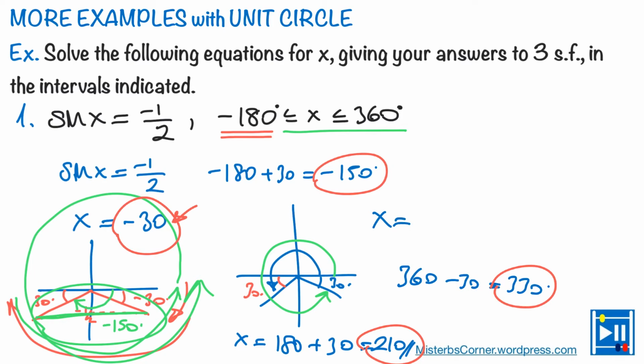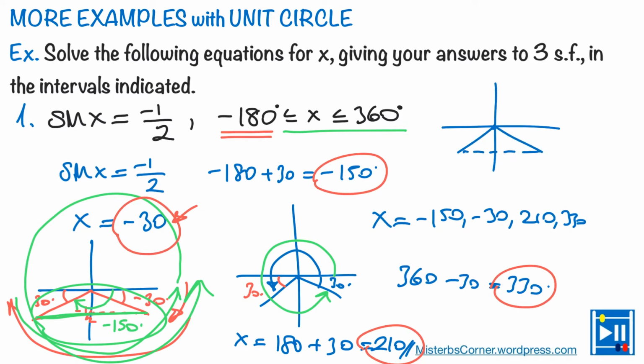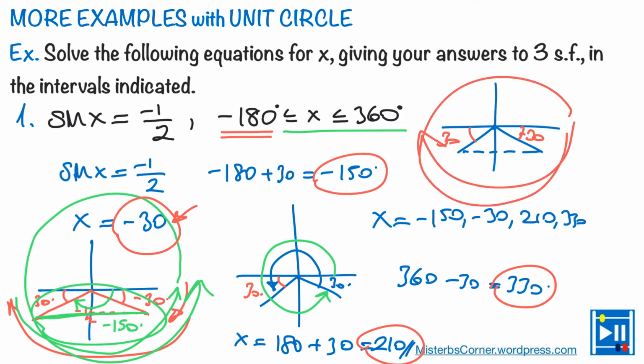So x is equal to minus 150, minus 30, 210, and 330. As you can see, unit circle wise, it is the same view, right? It is this angle that the calculator gives me, and in reflection to the y-axis, it's going to be the same angle here. And this is valid from minus 180 to 360.